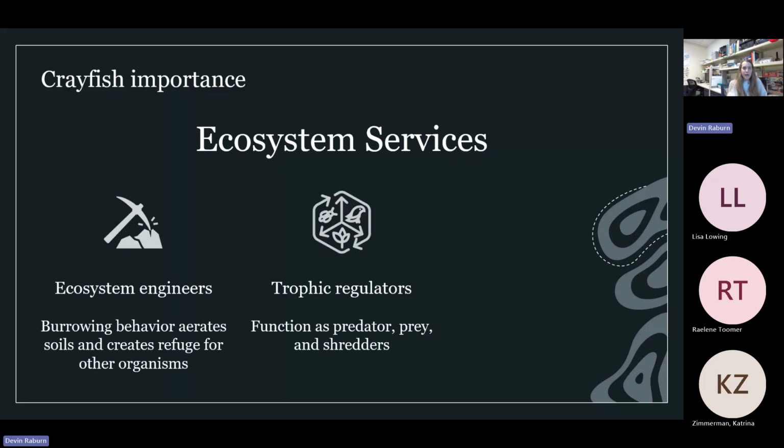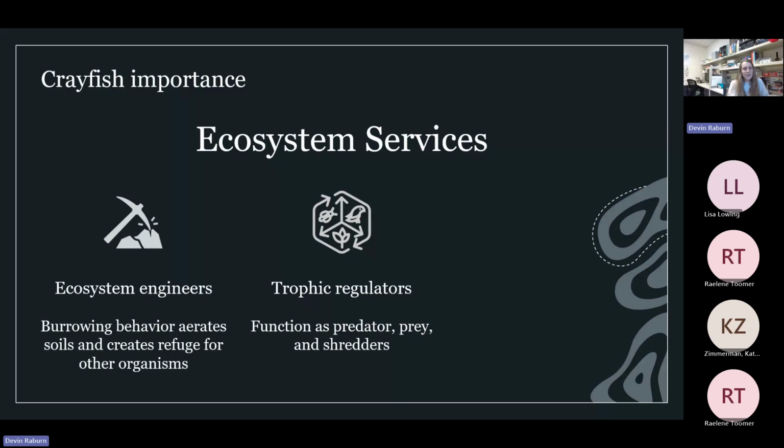And they're also trophic regulators. So they have this really unique function. They can function as predators, eating. They're very opportunistic, and most of them are very generalists, eating anything they can really get their claws on. And they can also function as prey as well, to a lot of aquatic species and also a lot of terrestrial species like raccoons, possums.